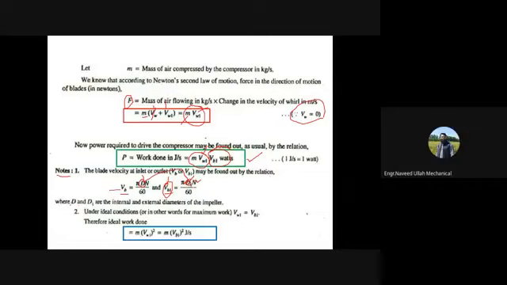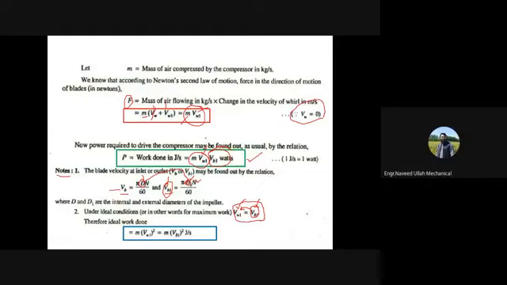They are then saying that D and D1 are the internal and external diameters of the impeller, and under ideal conditions, in other words for maximum work, the velocity of whirl at outlet should be equal to the blade velocity at outlet. This means the blade velocity is completely converted to increase the velocity of the working fluid.